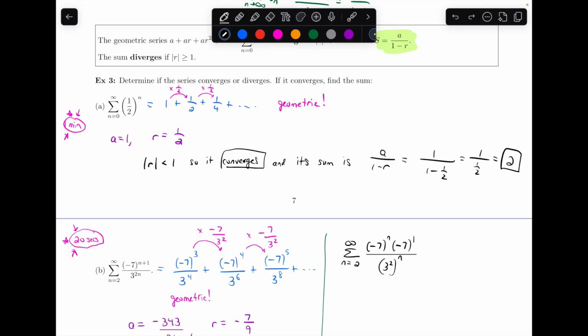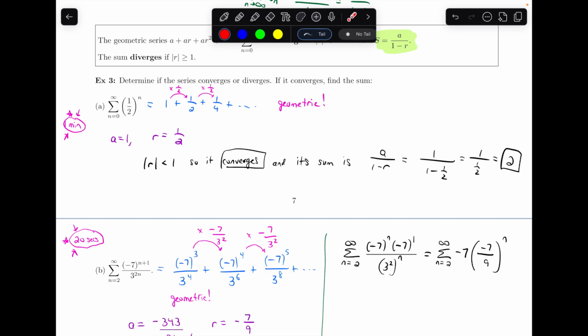Now I can rewrite this as the sum from 2 to infinity. I'll put this negative 7 to the 1 first. That's just negative 7. Then I have something to the n over something to the n, so I can write that as one big fraction to the n, where on the top I have negative 7 and on the bottom I have 3 squared, which is 9.